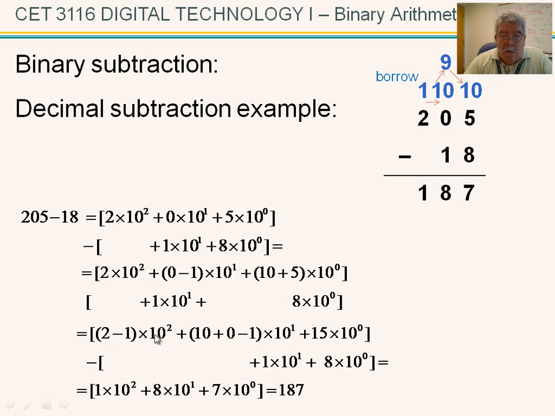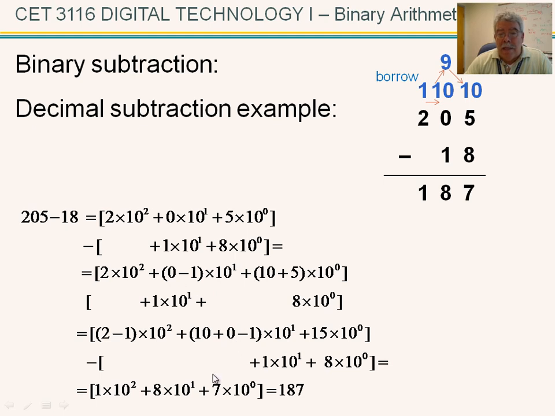And when I borrow from the 2, this is straight. I'm taking 1 from 2. But here I'm adding 10 to this coefficient that was minus 1. Okay, 0 minus 1 is 1.